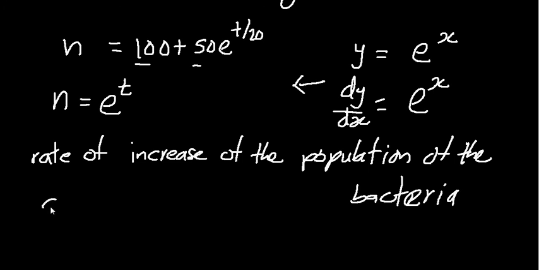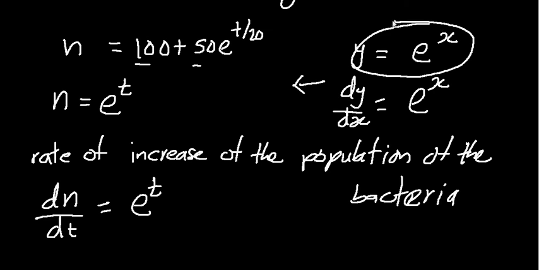So that is basically you differentiating, so dN over dt. When you differentiate, I still get e^t, because that's what you get when you differentiate e to the power of x. So when that is e to the power of t, even when you differentiate that, the rate is going to be equal to the number of bacteria there are.